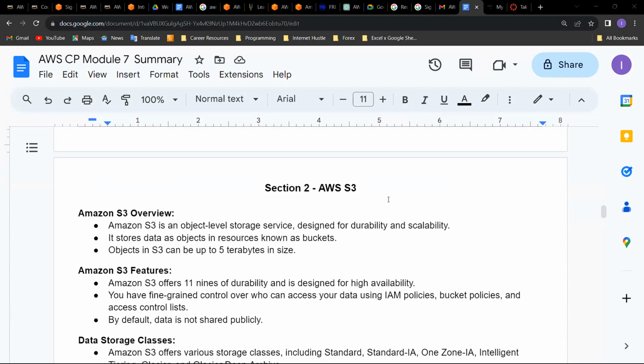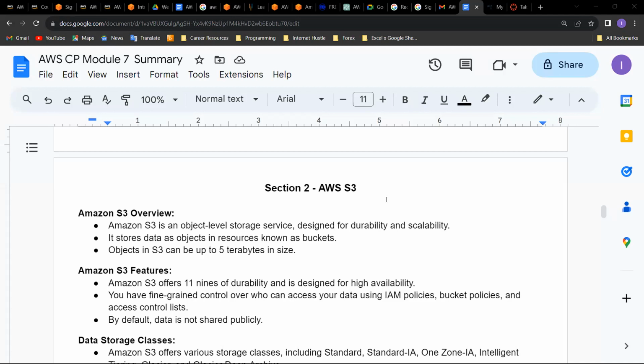S3, object storage. So the case that Okai gave us, right? You store at an object level, and with this one, the entire object is updated when you make any changes. It stores the data as objects, and it's mostly suitable for static objects like documents and pictures, right?